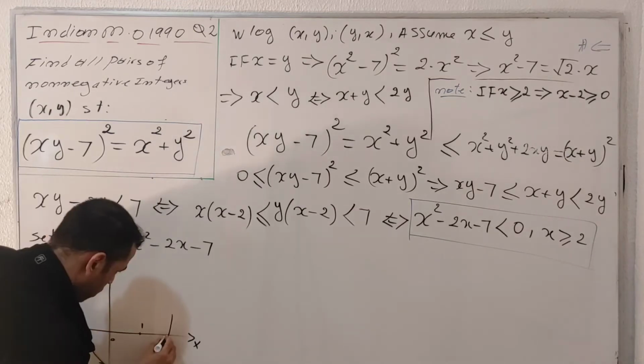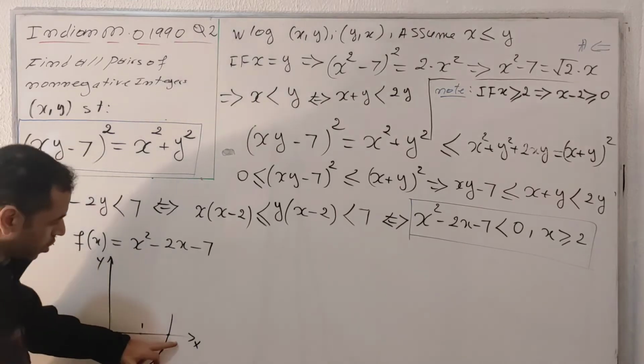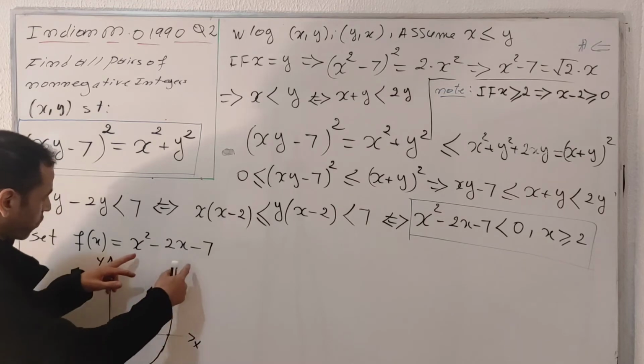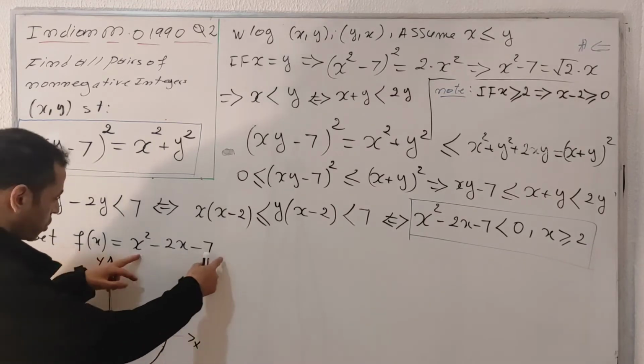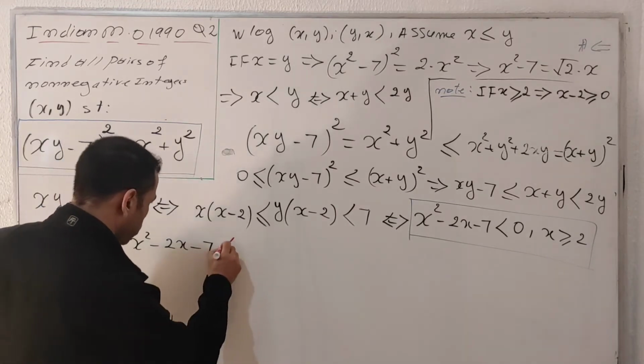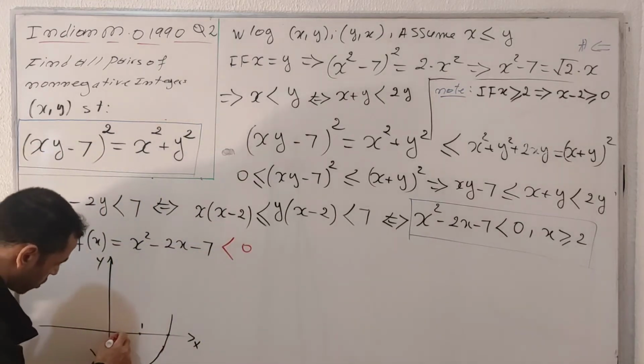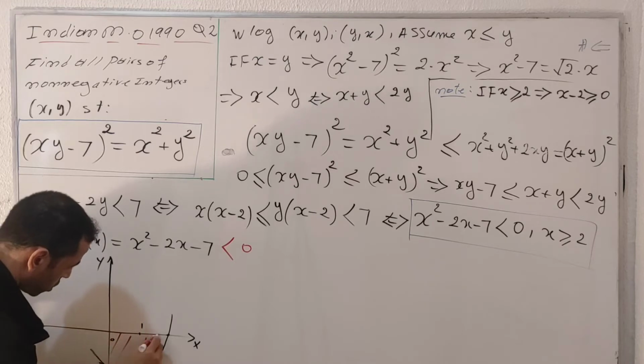Now I'm going to determine the intersection of the horizontal axis and this function by solving this equation. To do f of x equals 0, we are going to keep this function strictly inferior than 0, so our solution of this inequality is on this interval.